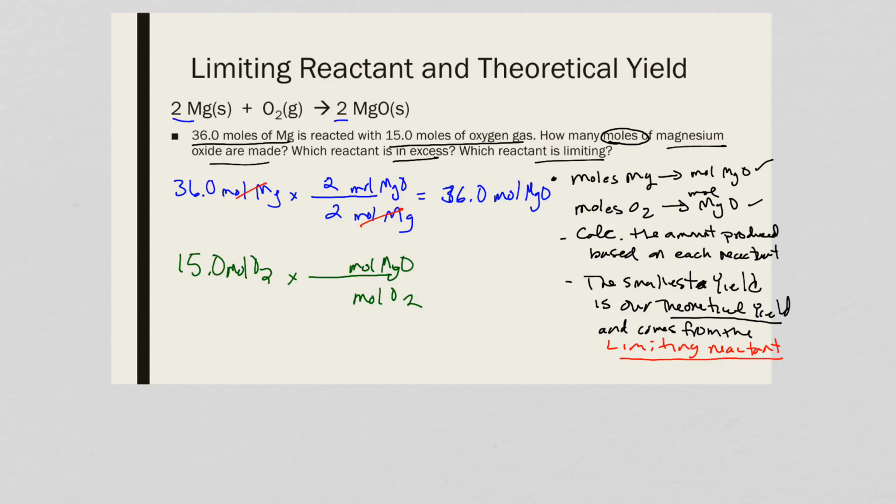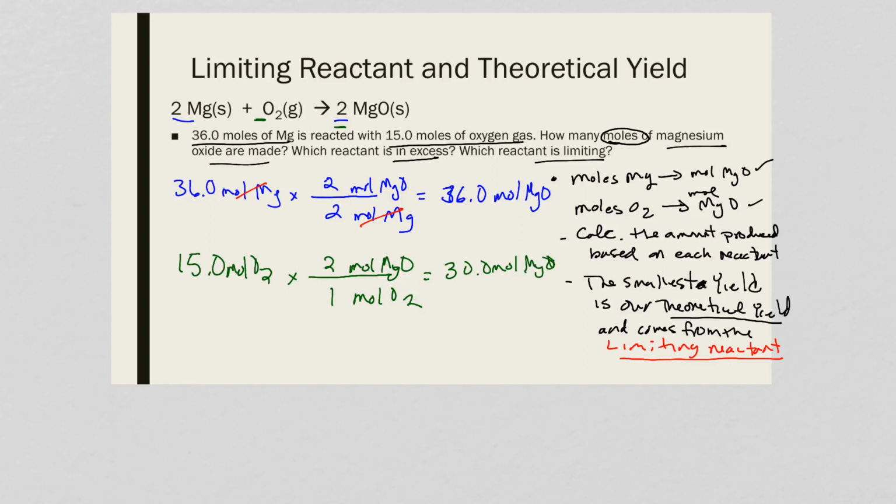So now I need the relationship between oxygen and magnesium oxide. So for every 1 mole of O2, I can make 2 moles of magnesium oxide. So I get 2 over 1. And so this yields me 30 moles of magnesium oxide.